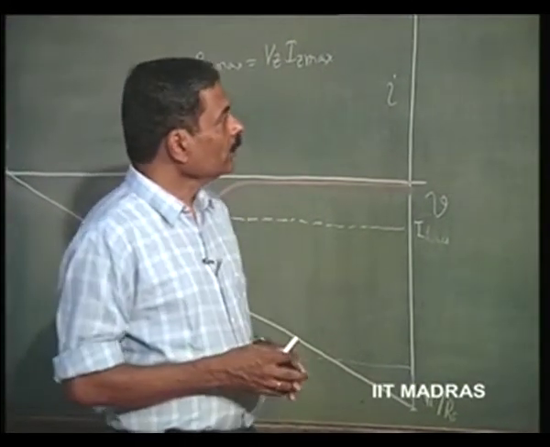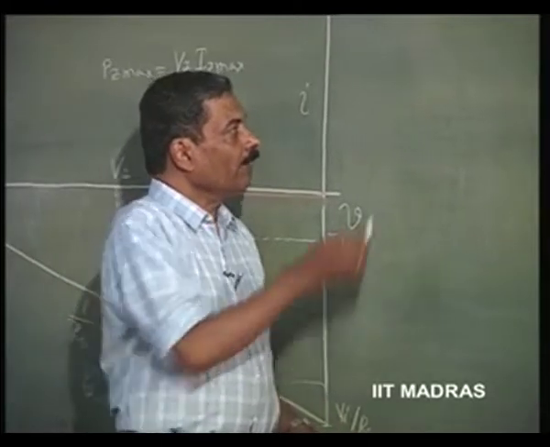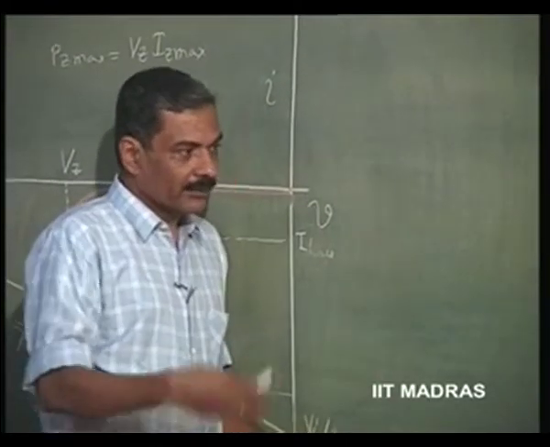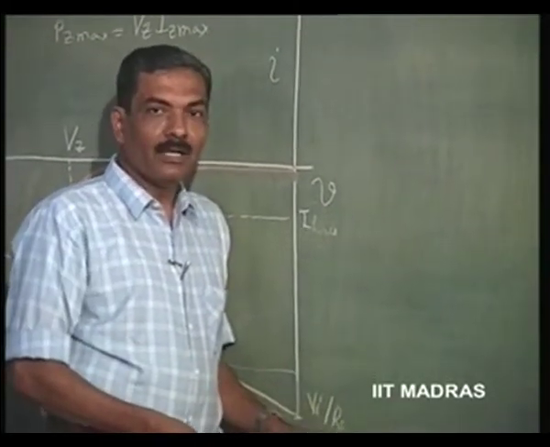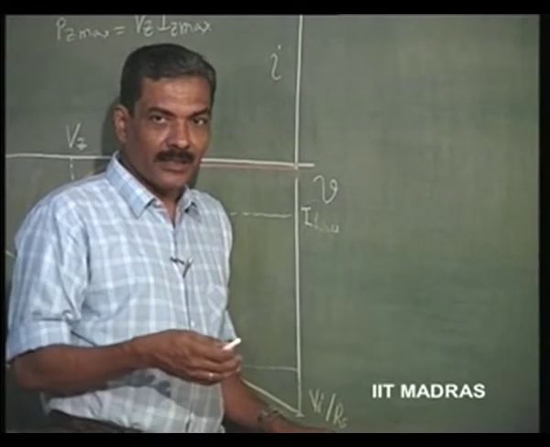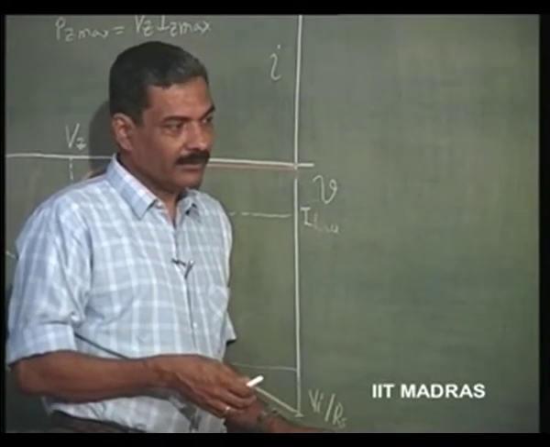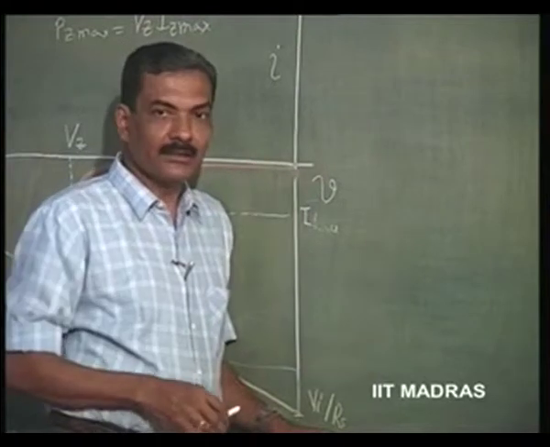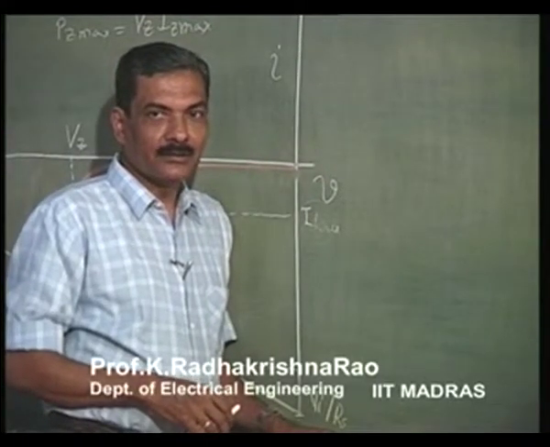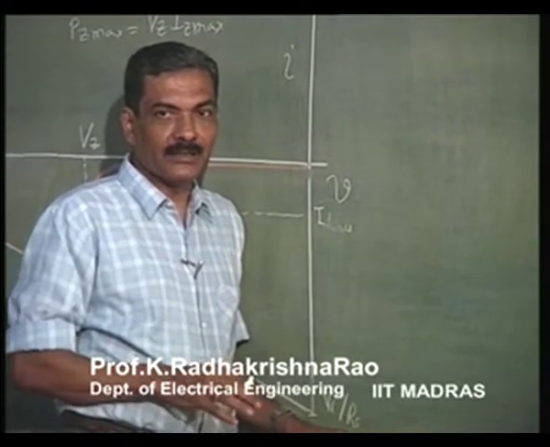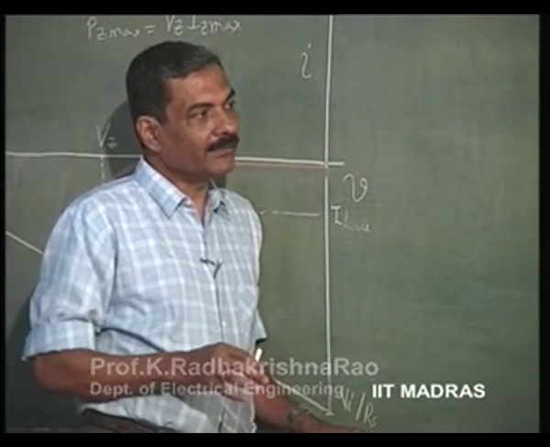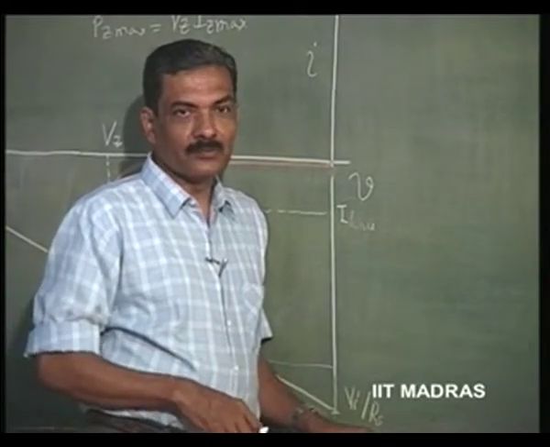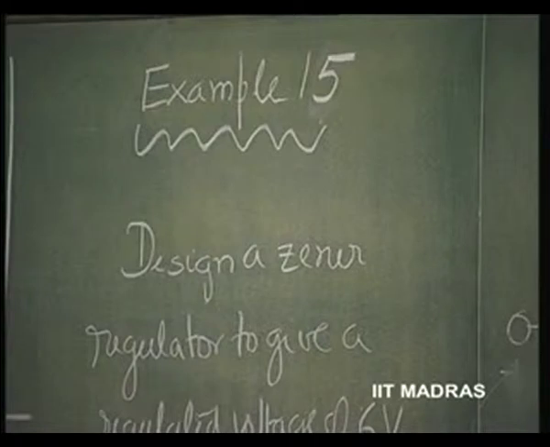Just after this we will work out an example wherein we will in fact design this regulator for a specific variation in V I and a specific variation in load. Consider example 15 now.